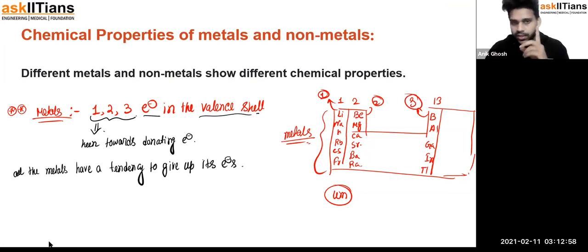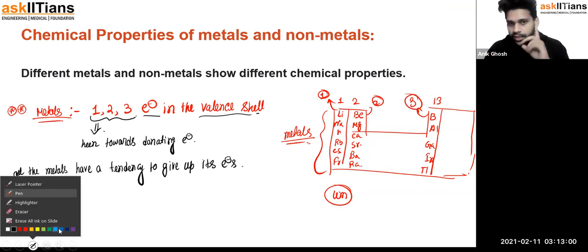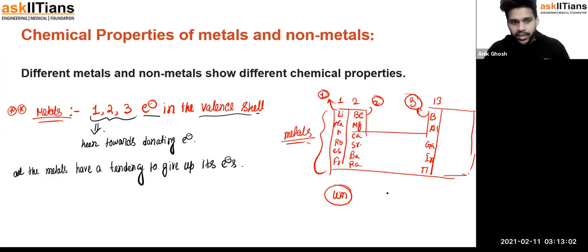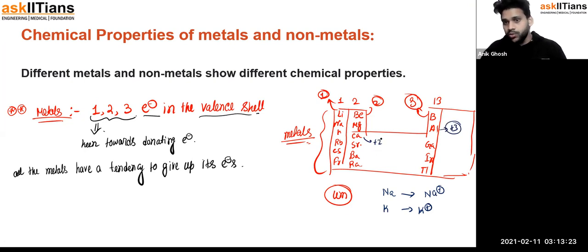Think about it. All the metals you have seen in chemical reactions, just think about sodium or potassium, all of them always form the plus charge, isn't it? The cations are always metals, isn't it? Na plus, K plus, Ca2 plus, or aluminium 3 plus. All the time you have seen them getting the plus charge.